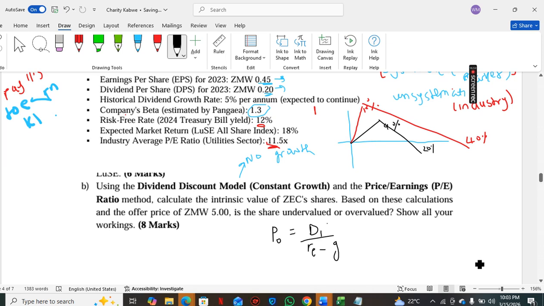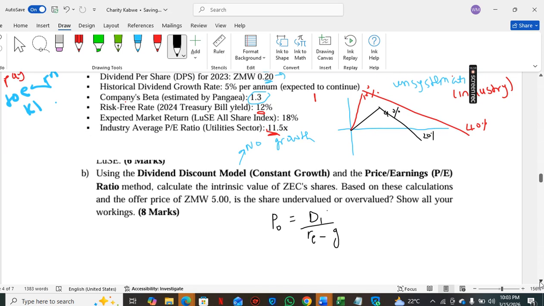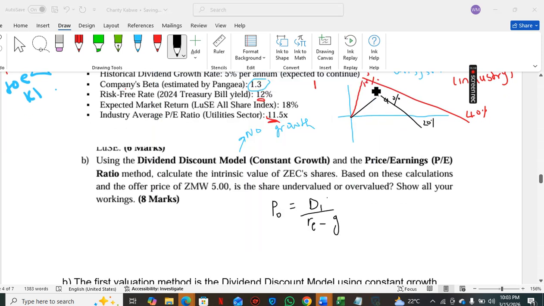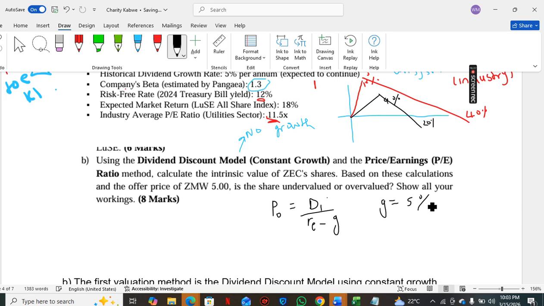From this information, we already have the growth rate, G, which is 5%. D1, next year's dividend, equals the current dividend, D0, multiplied by 1 plus the growth rate.